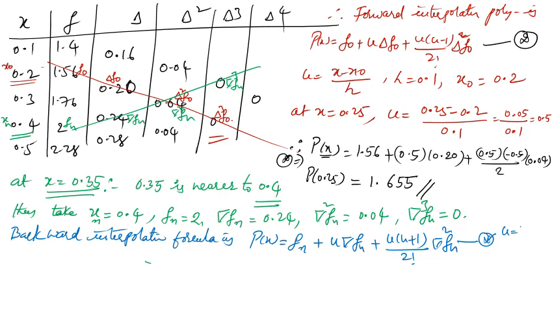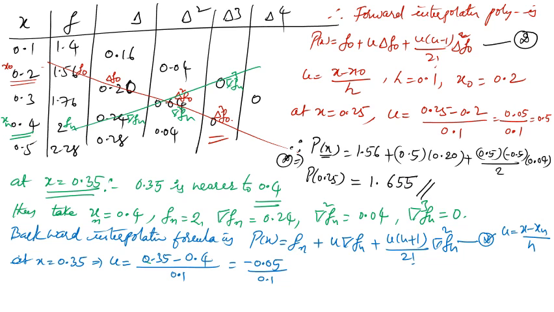What is u here? u equals x minus xn by h. Therefore at x equal to 0.35, u is equal to 0.35 minus xn, which is 0.4, by 0.1. So this is minus 0.05 by 0.1, which is minus 0.5.